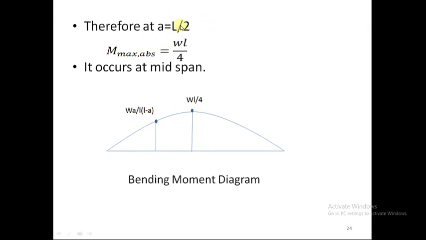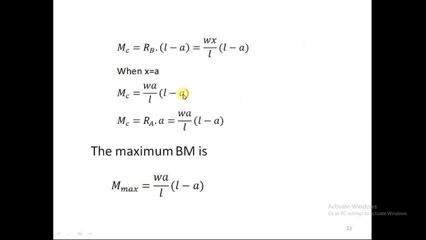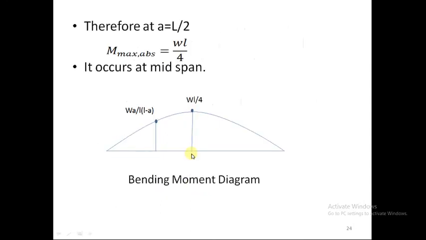That means at mid span I am going to have the maximum absolute bending moment, and substituting a equal to L by 2 in my expression for Mmax, I am getting the moment value as WL by 4. So that is the maximum absolute bending moment, at L by 2 from the support A, equal to WL by 4. It will occur at the mid span.